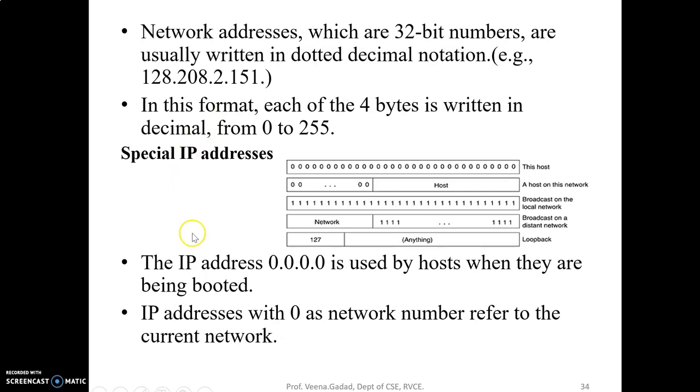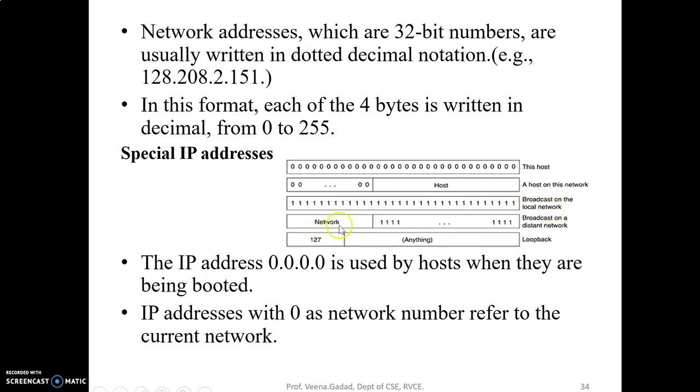Right? So you have a few special addresses. If all the bits are 0, it means this host. If you have the network bits as 0 and some number in the host part, it means a host on this network. If all bits are 1, it means a broadcast on the local network.